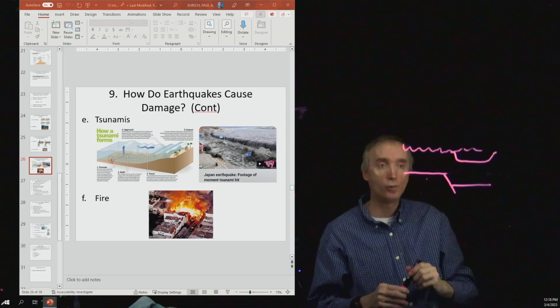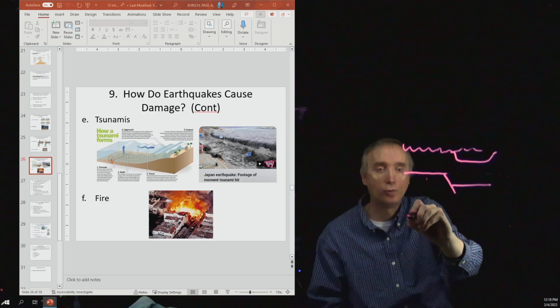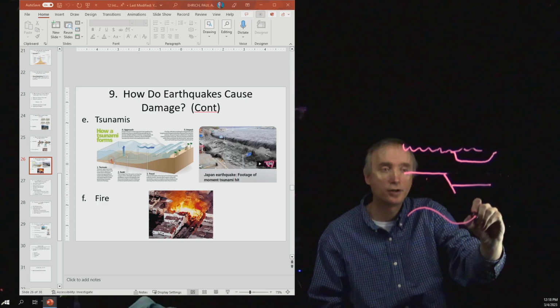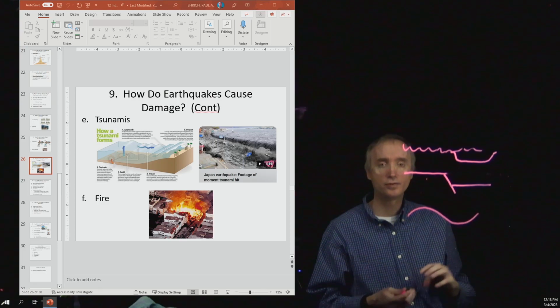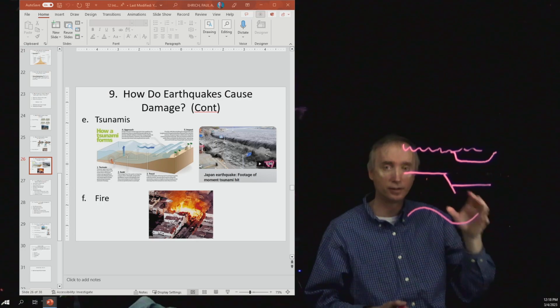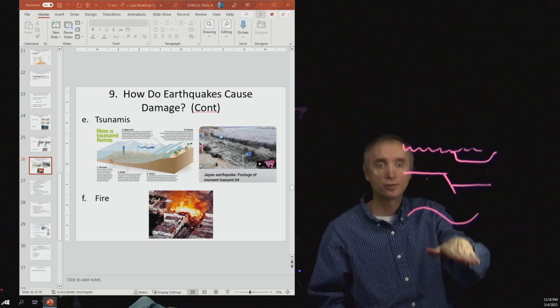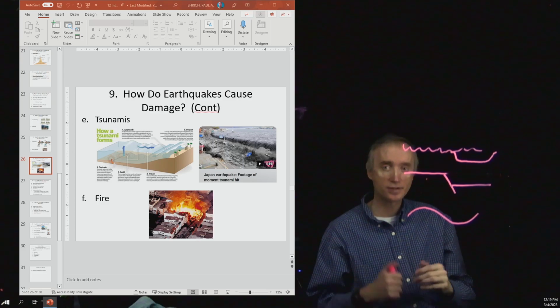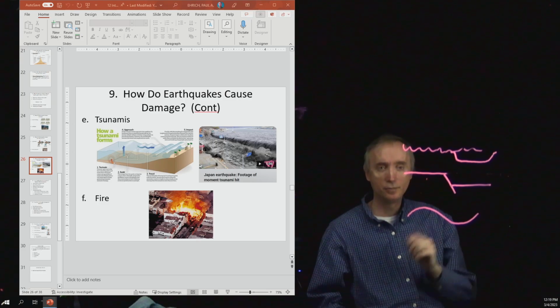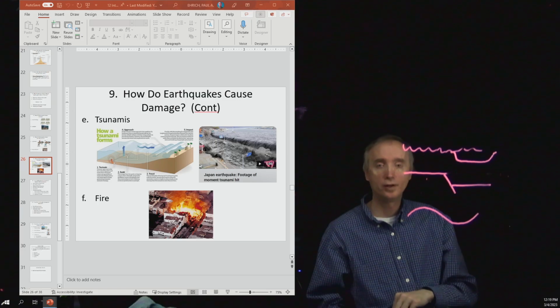It's going to make a wave that has a very, very large wavelength. If a tsunami was heading towards you and you were out in the middle of the ocean, you might notice that your boat would go up and then back down again as it went past, but it's not such a big deal. It is a big deal with the tsunami when it starts to approach land.